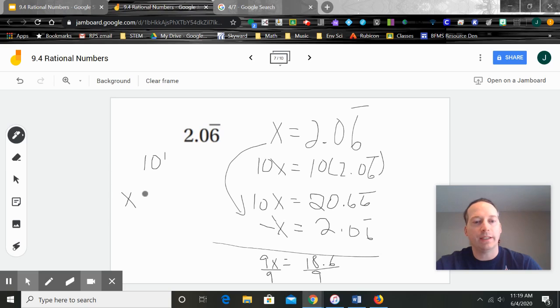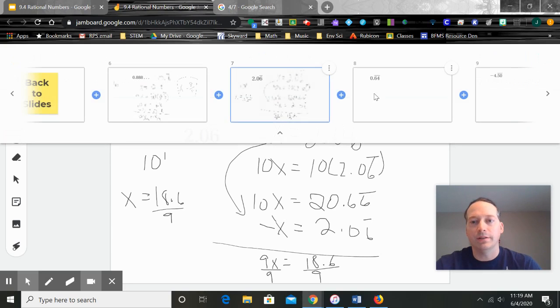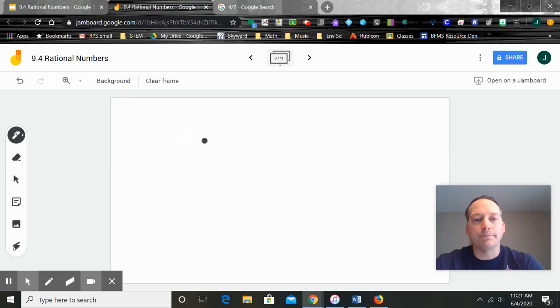So x equals 18.6 over 9. Okay. Not that big of a deal. Let's go and do some division. Okay, so we have x equals 18.6 over 9. This is going to seem a little strange, but it'll work.